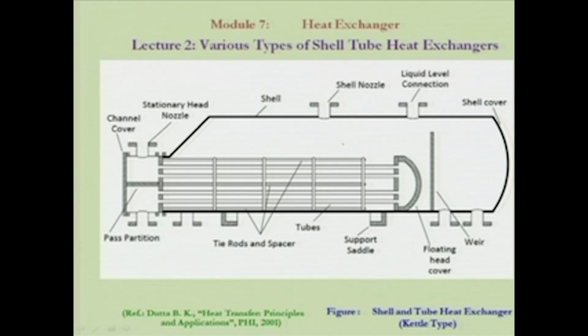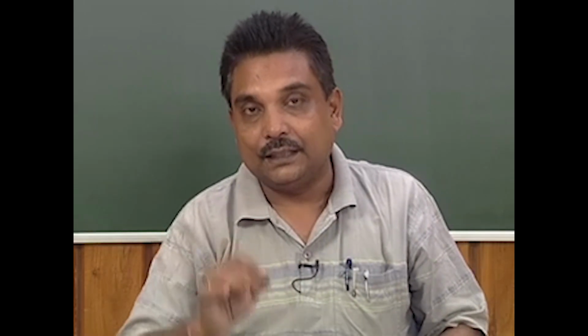Care is also taken to see that there is no entrainment of the liquid bubbles. So this kettle type heat exchanger is used particularly for reboiler operations, where we need enough space for the vapor to be generated, and that vapor is gradually taken up.